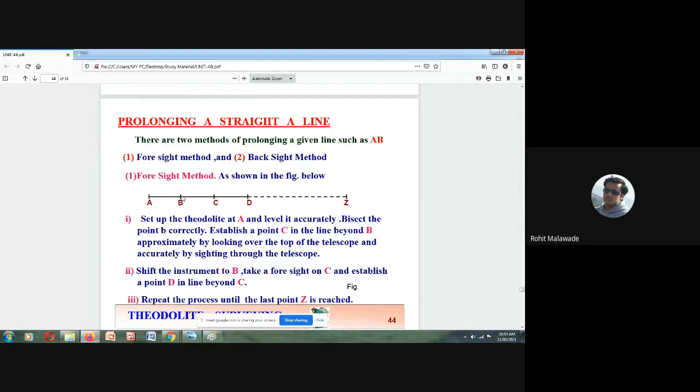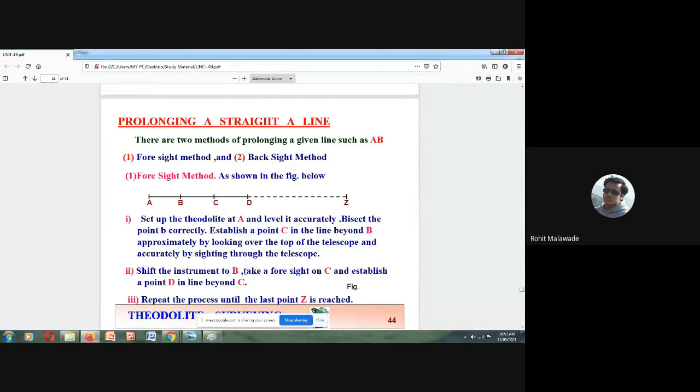You will see that B and C are in a straight line, by looking over the top of the telescope and accurately bisecting through the telescope. So from A you keep your instrument, and B and C you bisect.